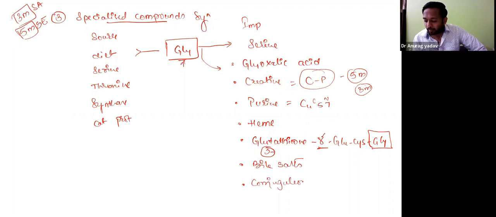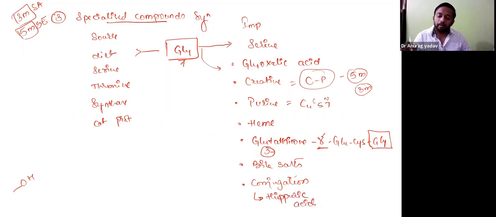Why does the body do conjugation? It makes compounds more water soluble. In the body, some compounds are toxic and undergo a detoxification process. One mechanism is to add a hydroxy group, OH group, to the molecule so that it becomes water soluble and is excreted through urine, or it can be conjugated. One example is hippuric acid.